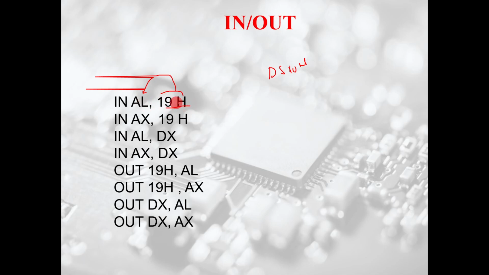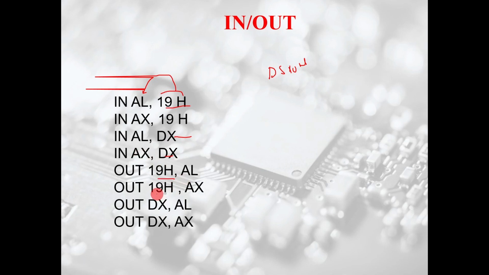Now this port is an 8-bit port, and hence I write AL. This port can also be a 16-bit port, so accordingly I have to write AX. I can also write in AL, DX. In this case, the port address will be given by the contents of DX. Here it is a 16-bit port.